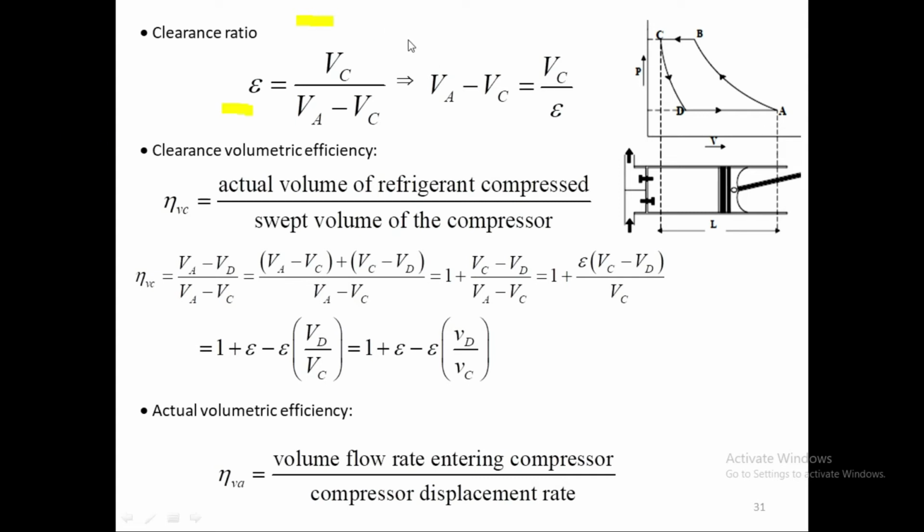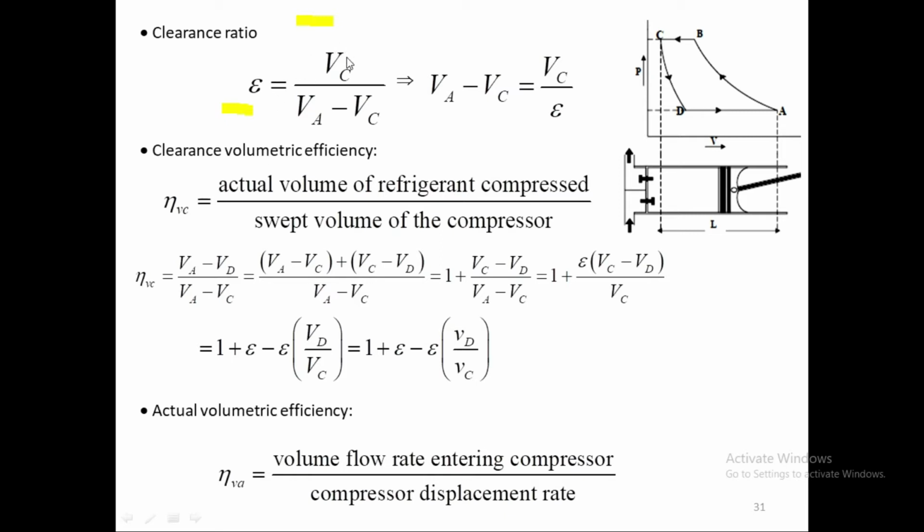Epsilon is VC divided by VA minus VC. VC is the clearance volume, the small volume which is left above the piston head just before the valves. That is the minimum volume inside the cylinder, divided by VA minus VC, which is the swept volume. So that ratio we call the clearance ratio.